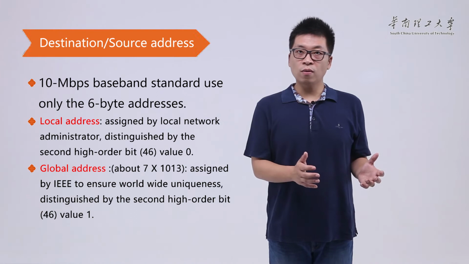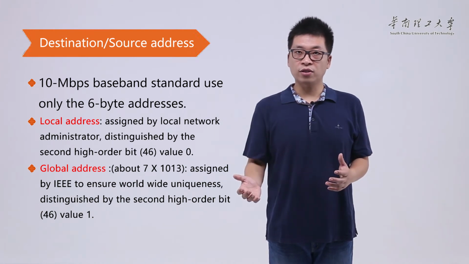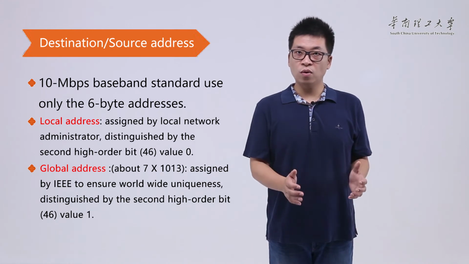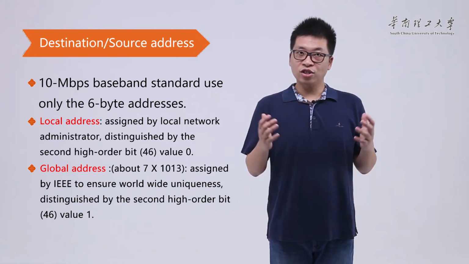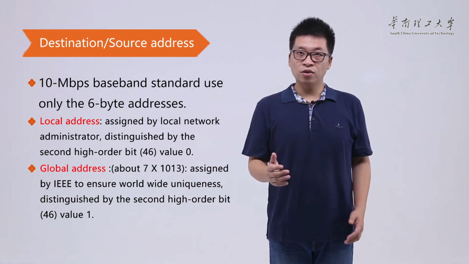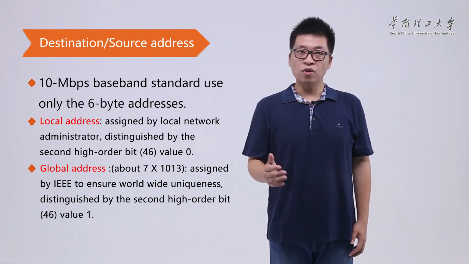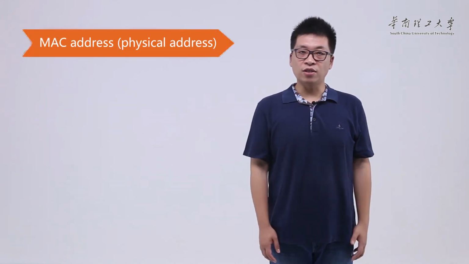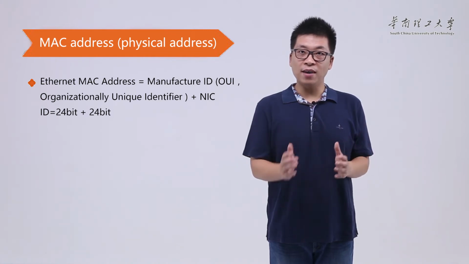There are also local addresses and global addresses. The local MAC address is assigned by the local network administrator, whereas the global address is assigned by IEEE to ensure worldwide uniqueness. A MAC address has 6 bytes, which is 48 bits.